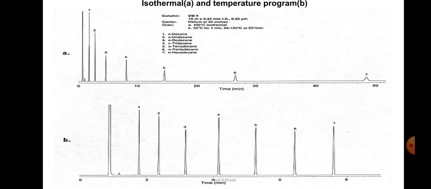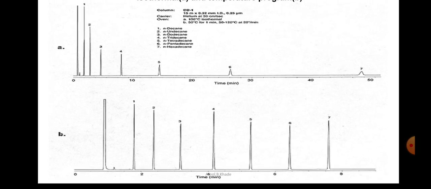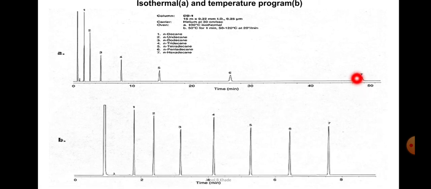So you have minimized your elution time to a great extent, from 50 minutes to 8 minutes, and this is the beauty of the temperature program or temperature gradient elution. All these components are eluted in a faster time, and the elution is also better. Here it was not giving an intense peak, but in this case the speed of analysis is there and the resolution is also better.